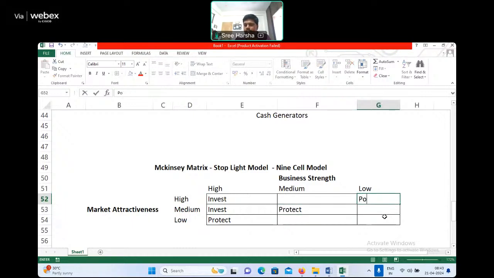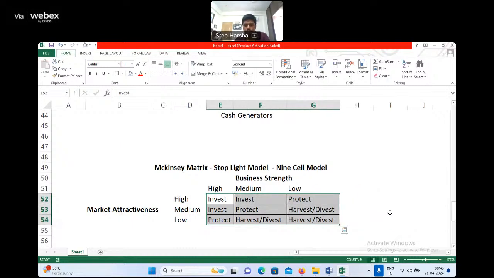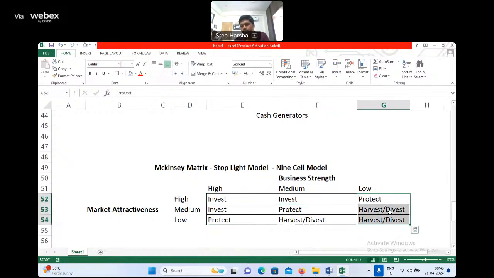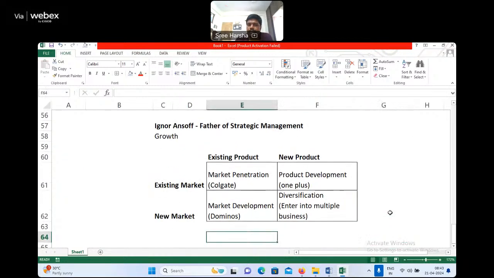Protect is nothing but hold. Divest. Harvest or divest. Basically, when you are already in the business, try generating profits. If not, come out. This is the McKinsey matrix. Next, the third one which we discussed was Ansoff.